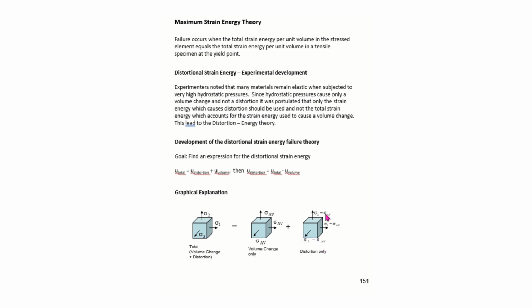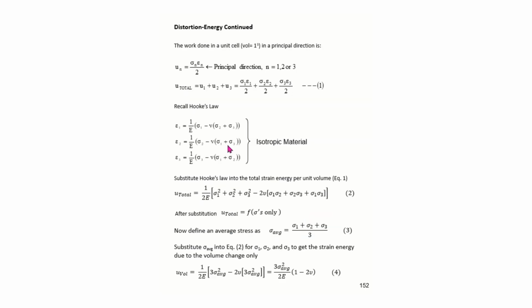And so this is the distortional energy, the strain energy component that we're interested in. We're interested in the strain energy component that causes my member to distort from its original shape. And now what we need to do is derive an expression for this distortional energy.